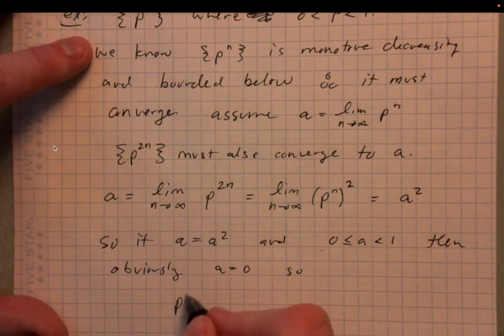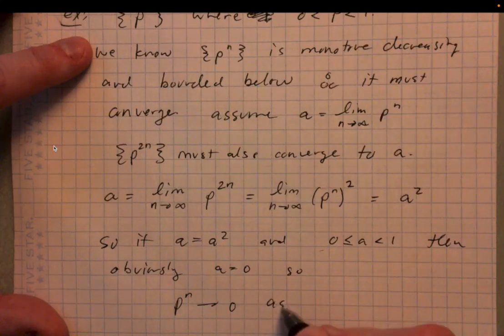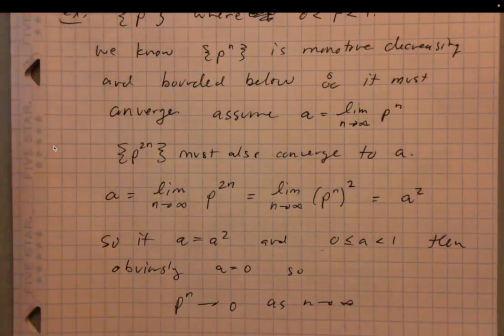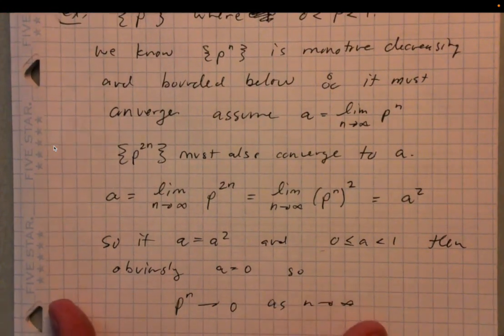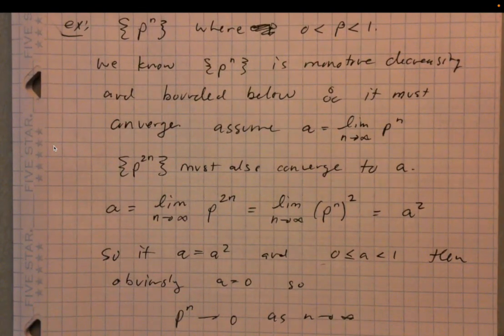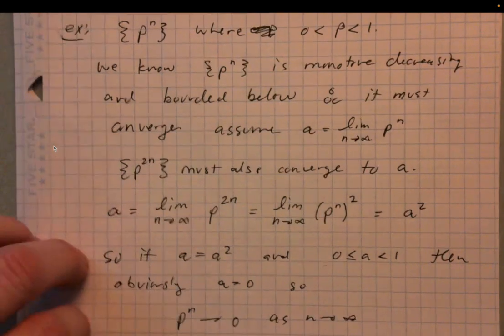And so p to the nth power goes to 0 as n goes to infinity. So it allows you to reason about what the limit must be using the fact that the subsequence must converge to the same value. It's a nice little example.